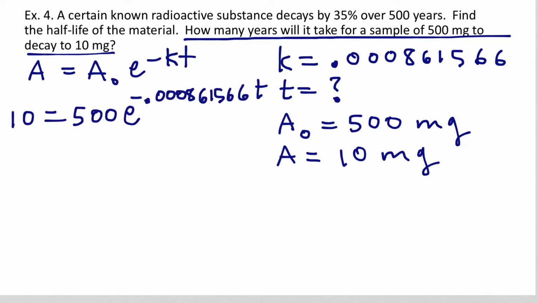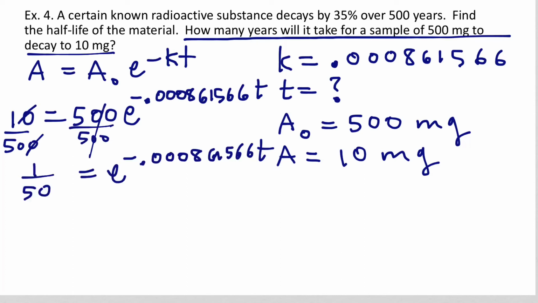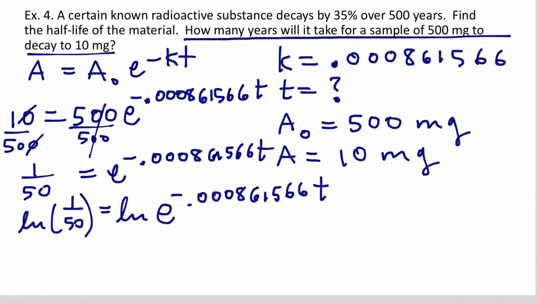I should be able to take the natural log of both sides. So I want to divide both sides by 500. And I will get that. And then I want to take the natural log of both sides to get the t. And now I can cross off the natural log and the e.